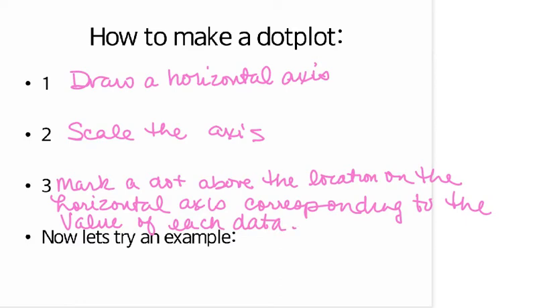Now, I do love dot plots because they are a quick, dirty little way to go, and you can see quickly how the shape of the distribution is going to form just by plotting these quickly. Now, obviously, if we have a great number of data points, we probably don't want to do this because nobody wants to plot 10,000 points. That's when we go on to other things like histograms.